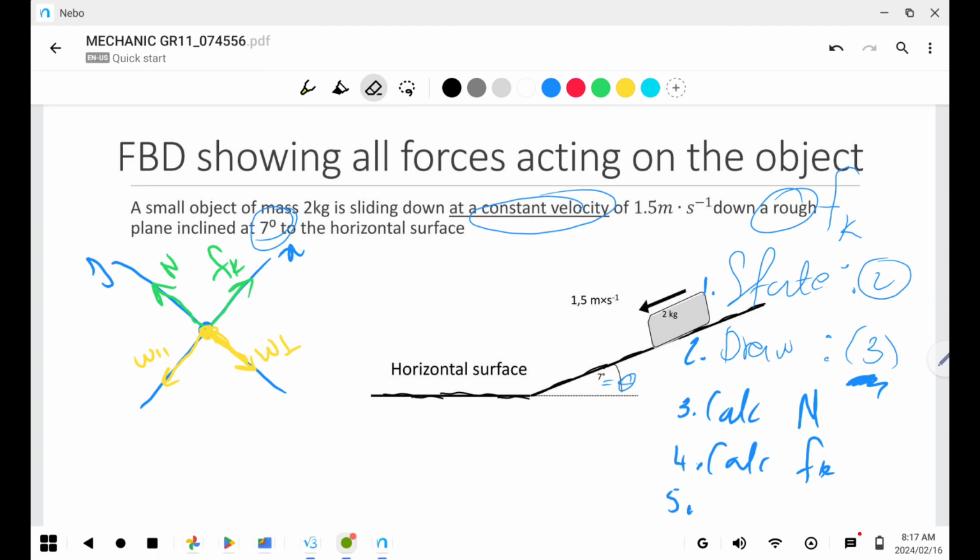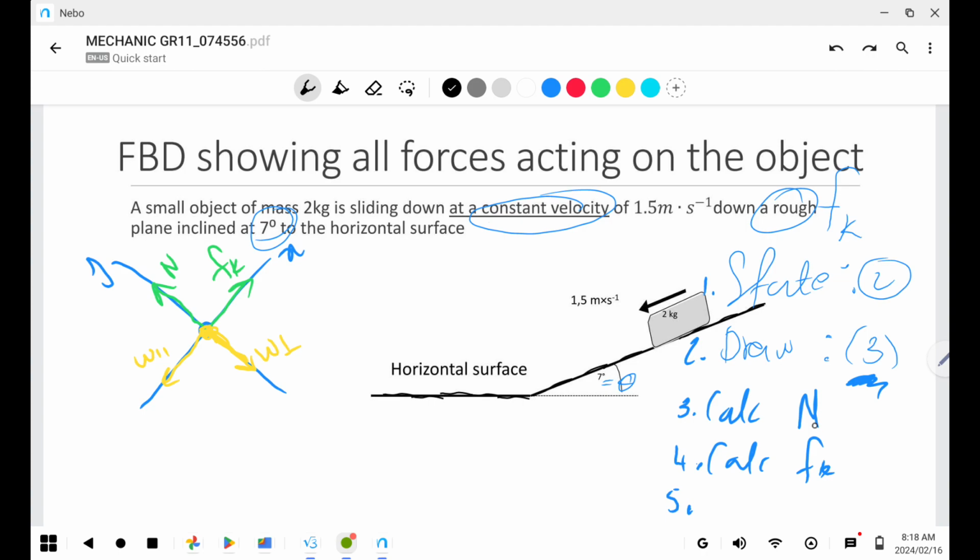Don't draw the weight together with its components, because then they'll see that as having extra forces, because you need to understand that these components combined represent the weight. Now that is our free body diagram. I think in grade 11 we can get away with drawing the components instead of the weight.